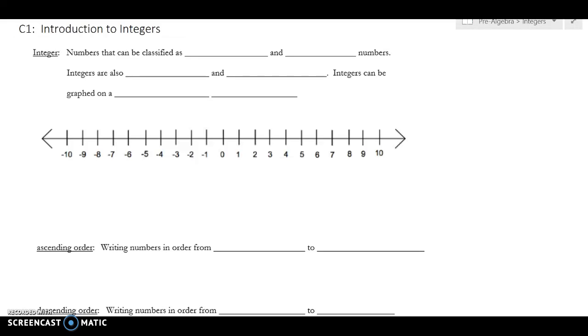All right, what we're working on today is an introduction to integers and making sure we understand what integers are. Remember that a number can be classified as real, rational, or irrational.